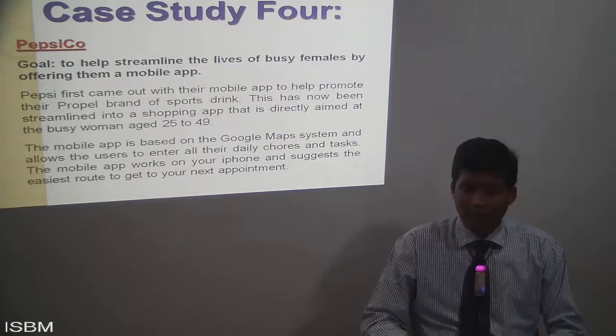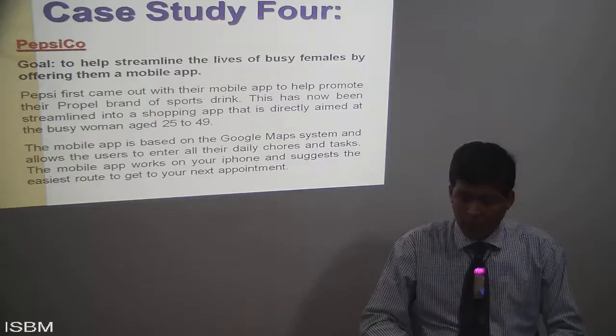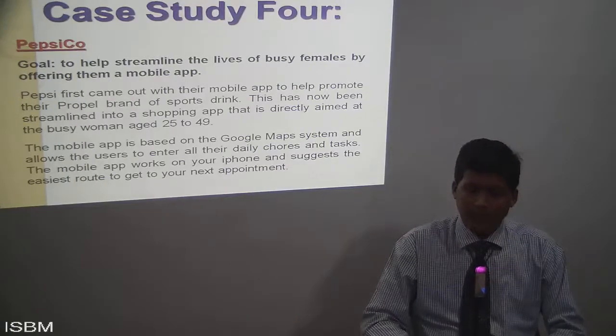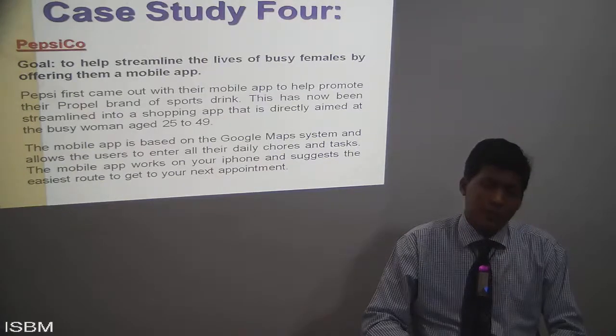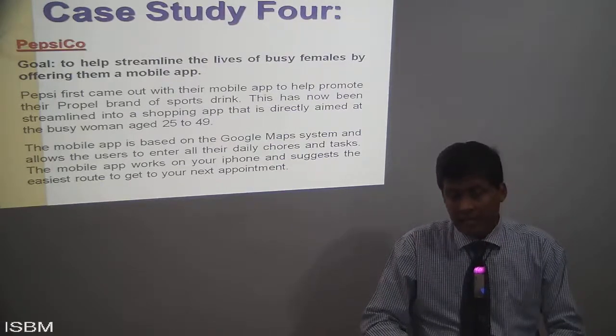The mobile app works on your iPhone and suggests the easier route to get to your next appointment. That means they work as tool managers or time schedulers, or I would call it alignment schedulers, where they can align the tasks in such a way that it becomes very easy for the consumer to track them.